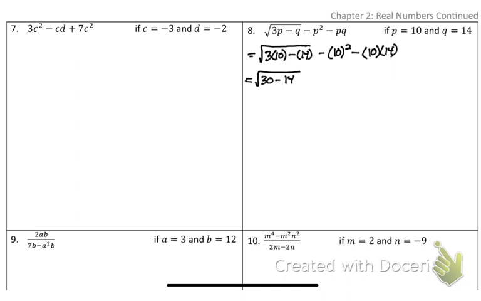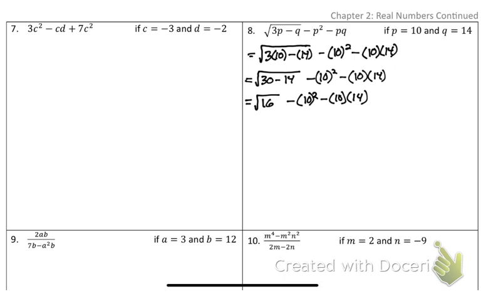And then we have minus 14, minus that 10 squared, minus that 10 times 14. All right, now I can do that 30 minus 14, which is 16, minus 10 squared, minus 10 times 14.